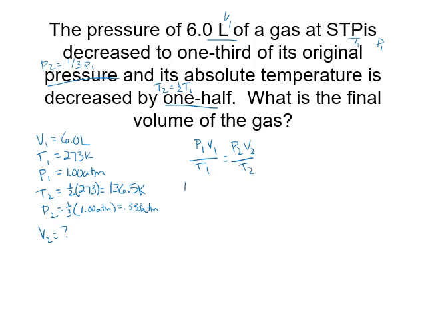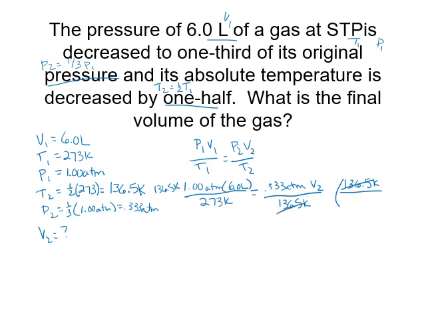And substituting in, I have 1 atmosphere times 6 liters divided by 273 Kelvin is equal to 0.333 atmospheres times V2 over 136.5 Kelvin. And I need to multiply both sides by 136.5 Kelvin so that it will cancel on the right.